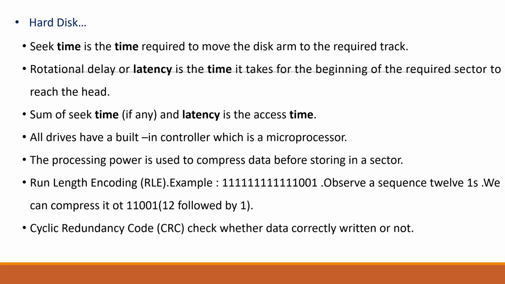The concept is known as CRC. RLE is compressing the data, and CRC is checking whether data is correctly written or not. RLE indicates compressing the data in your hard disk, and CRC indicates whether the data is correctly written or not.